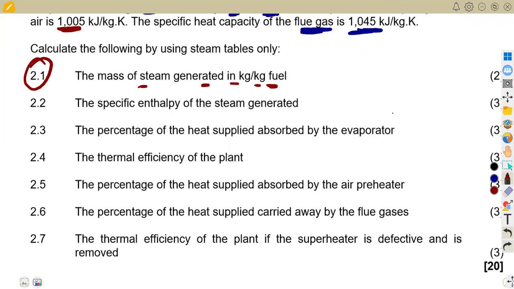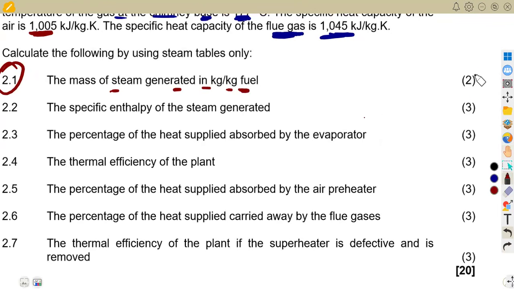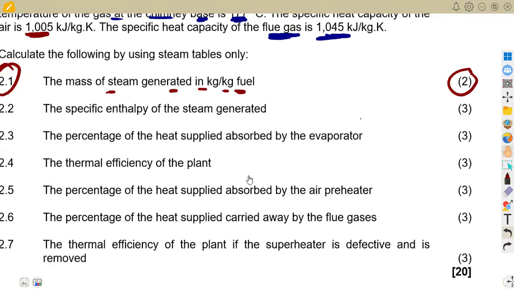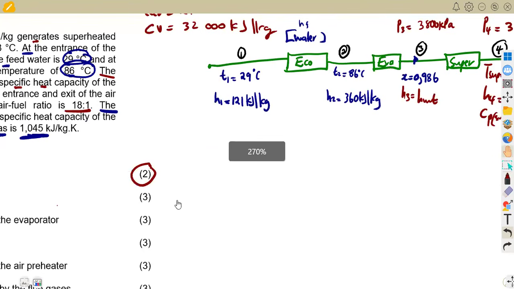This is not the first time that we are talking about this. We talked about this type of question whereby this is needed per kilogram fuel, the mass generated per kilogram fuel. How do we determine this, or how are we going to have this? All right, this is the mass. Remember, you're considering the mass of steam to the mass of fuel.